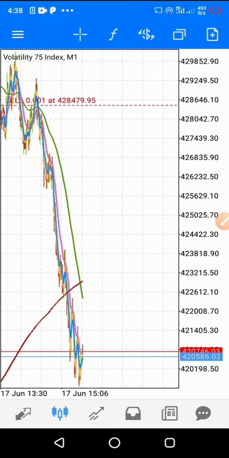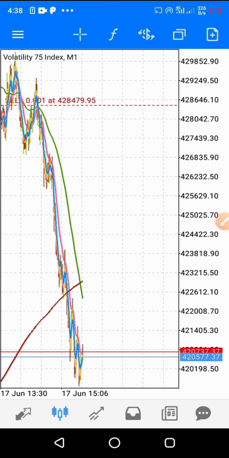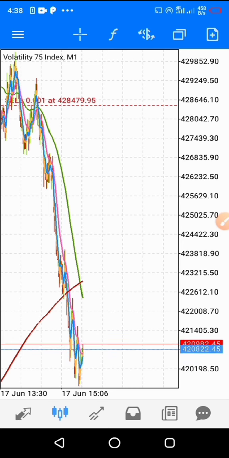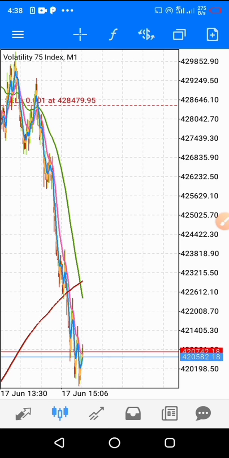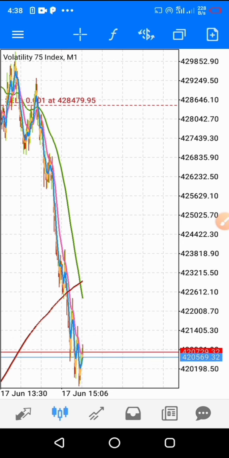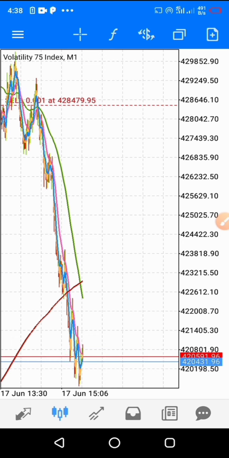In that situation, with a lot size of 0.01, if the market goes in your favor, you can decide to do either of two things. Let's say your target is $3, which is 3,000 points.